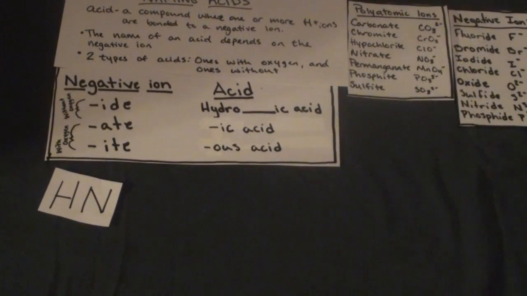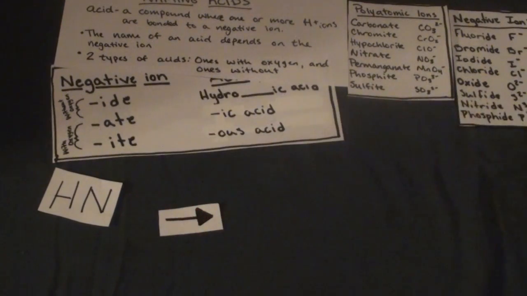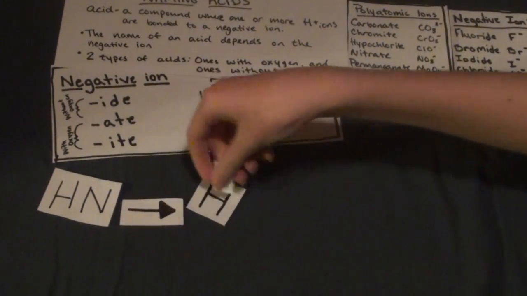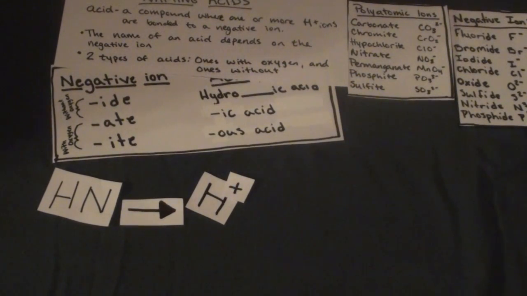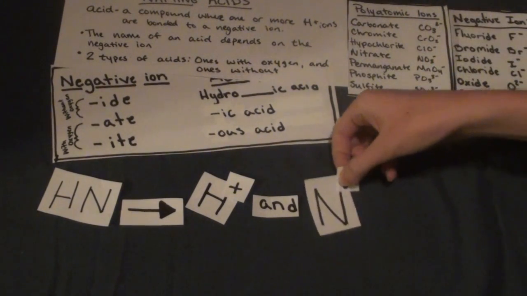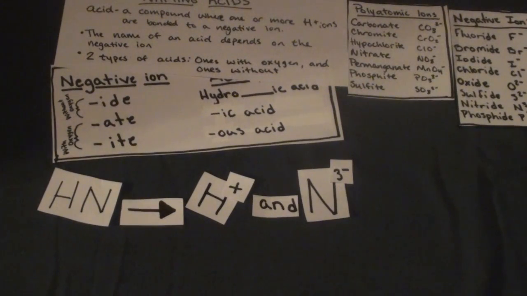HN. First, let's break it down into the two elements. We have H plus and N3 minus. Now let's name these elements.